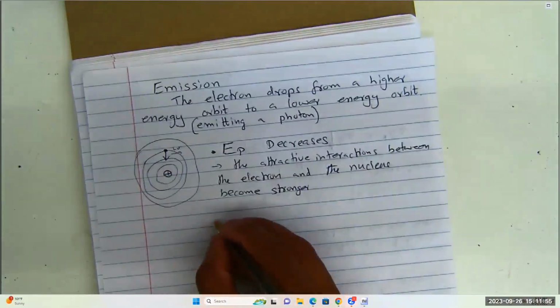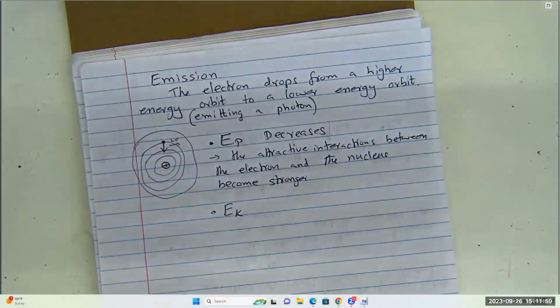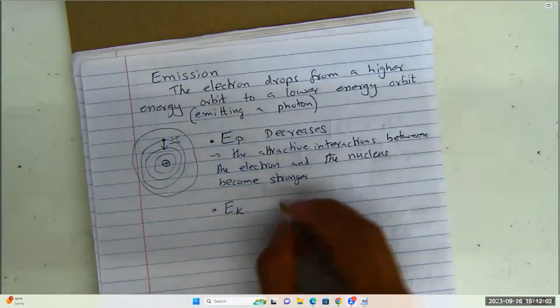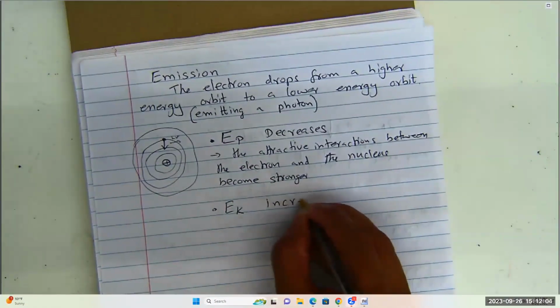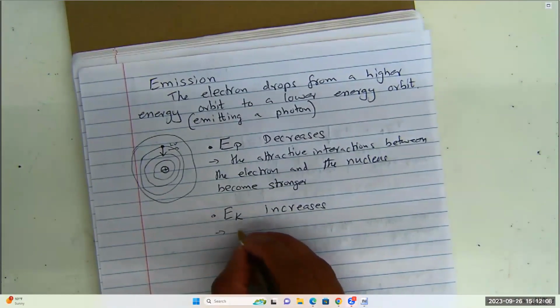Number one. What about the kinetic energy? Is kinetic energy increasing or decreasing? It's increasing. Kinetic energy increases. Why?